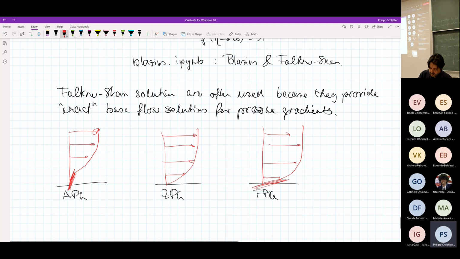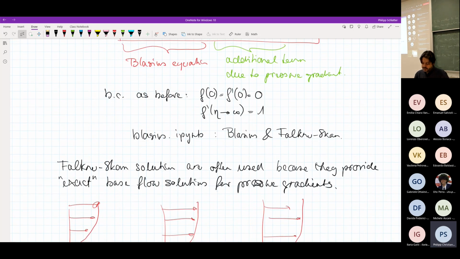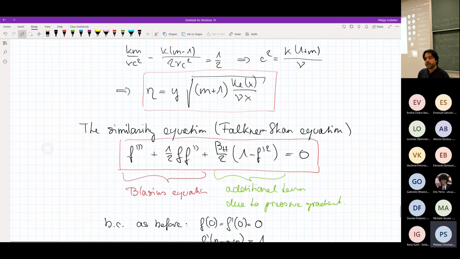Now, the last comment I would like to make here is that, because we have the equation for the profile, we can of course calculate all these things: thicknesses, delta 99, delta star, theta, and so on. But we can also calculate H12, the shape factor.